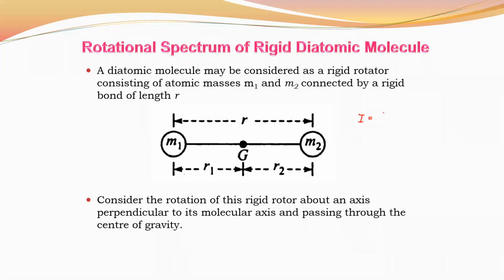Then the moment of inertia is the summation over i of mi ri square. Here there are two masses, so it is equal to m1 r1 square plus m2 r2 square.